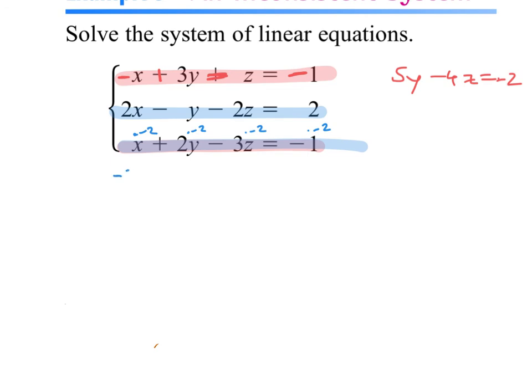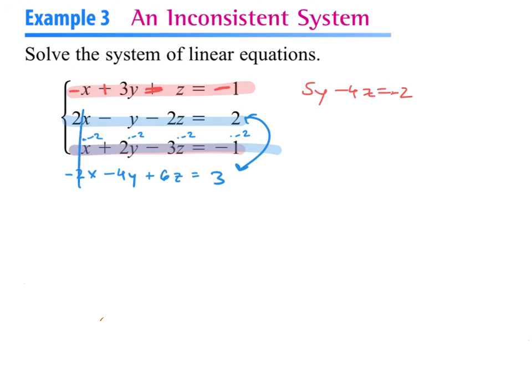So this is negative 2x minus 4y plus 6z is equal to 3. So we're combining these two together now. Our x's cancel. What's negative y minus 4y? Negative 5y. What's negative 2z plus 6z? 4z. And 2 plus 3? 5.